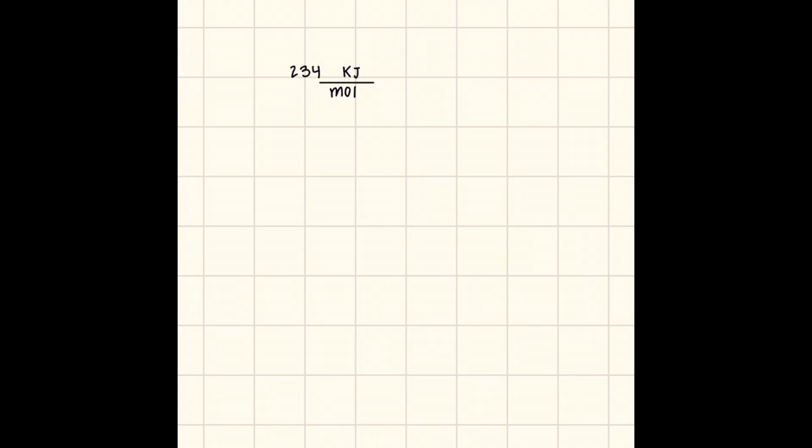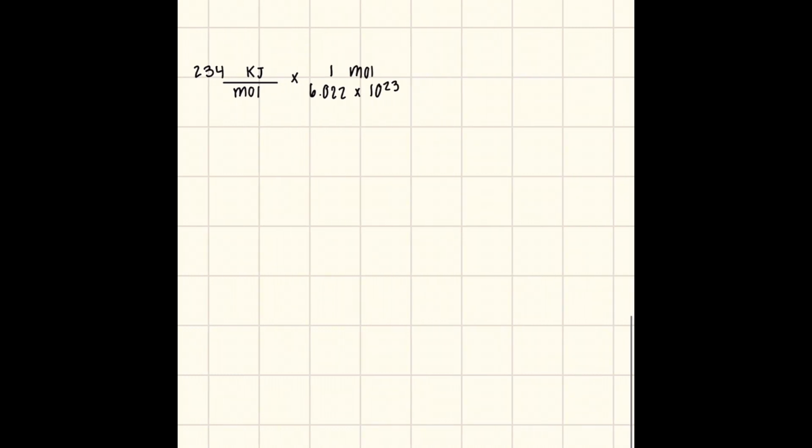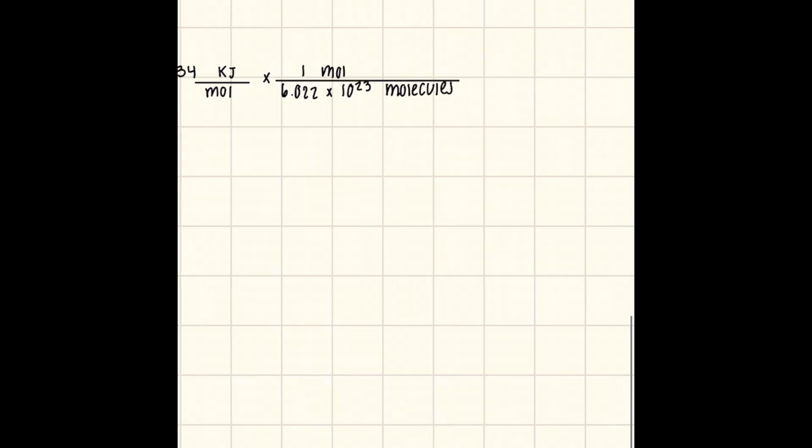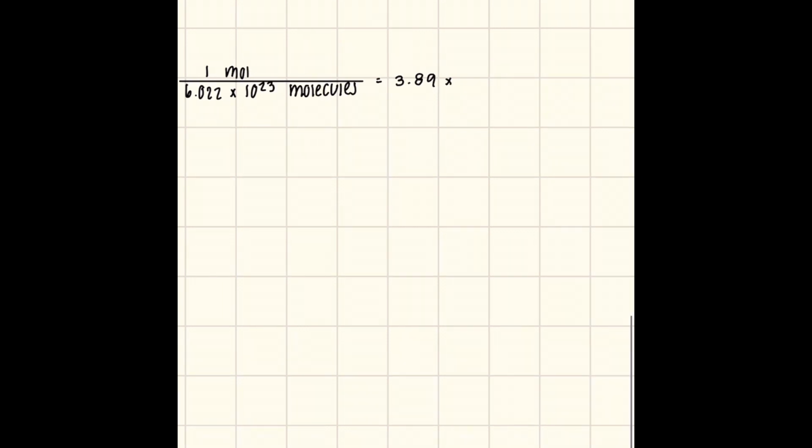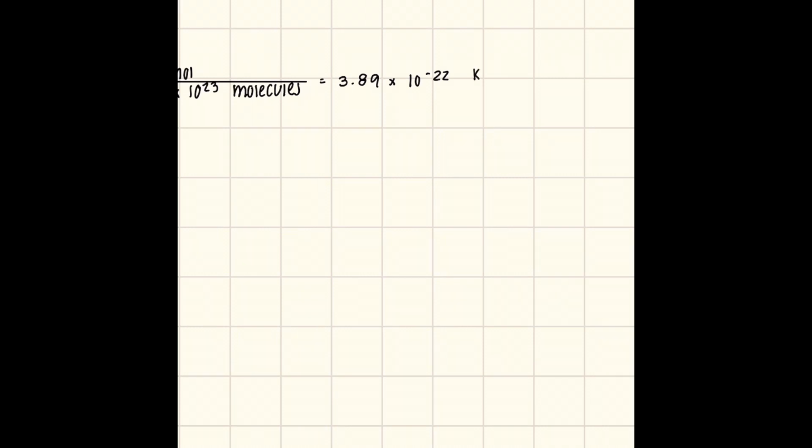I'm going to use Avogadro's number: 1 mole over 6.022 times 10 to the 23rd, to get into molecules instead. So we're going to go into kilojoules over molecules, and my moles will cancel each other out. Once you put that into the calculator, you get 3.89 times 10 to the negative 22nd kilojoules over molecules.